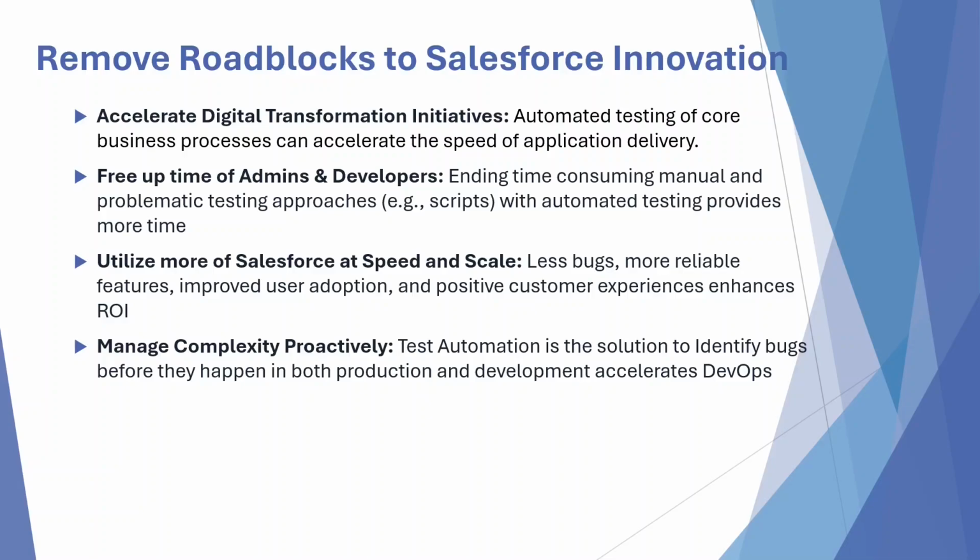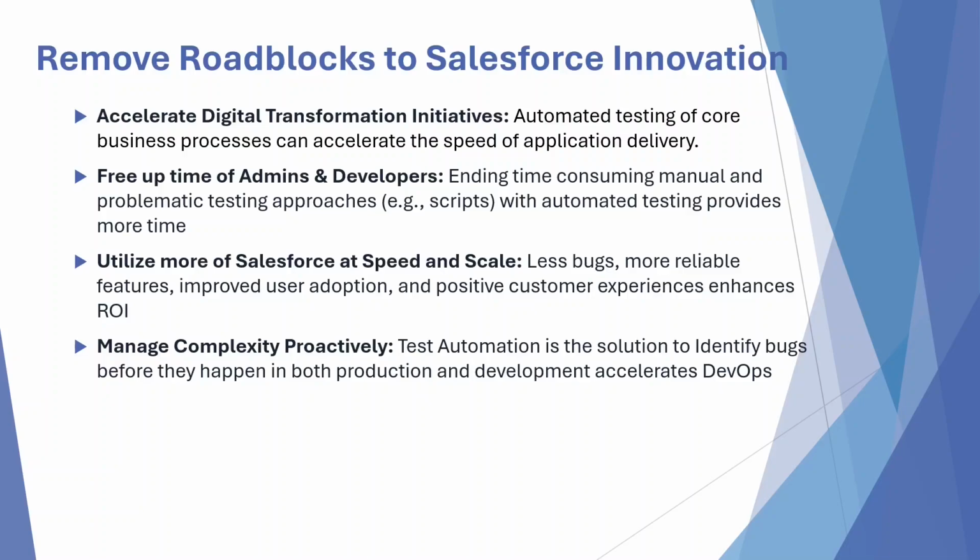And then free up time of admins and developers. Tricentis Testim Salesforce automation capabilities eliminate the need for manual test execution by using pre-configured steps and automated scripts. So this shift frees up valuable time for admins and developers, allowing them to focus on more strategic tasks and improvements.